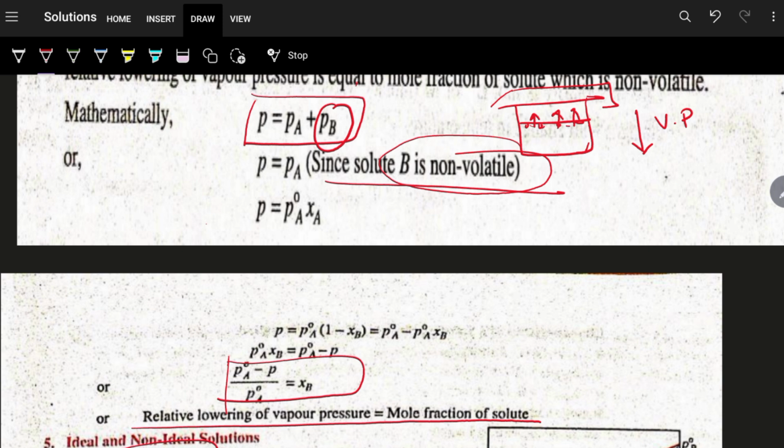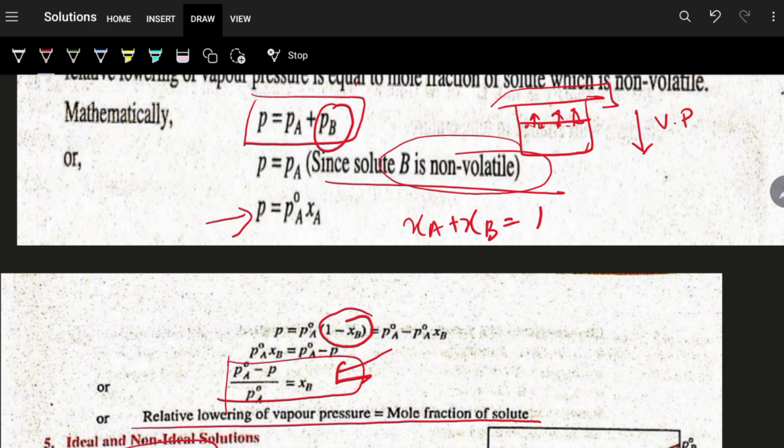So we can say P is equal to PA naught into XA. And since XA plus XB is equal to unity, in place of XA, 1 minus XB is written. We can simplify the expression and get the relative lowering of vapor pressure, which is equal to the mole fraction of the solute.